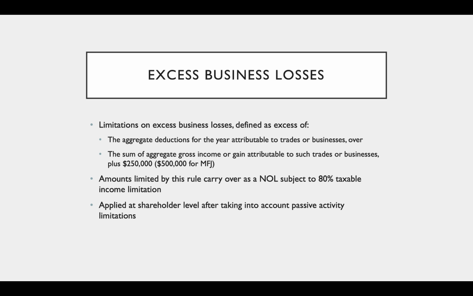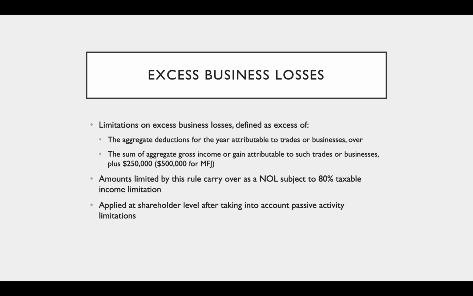And then finally, we have an excess business loss deduction prevention. It limits excess business losses from being deducted, and excess business losses are defined as the excess of the aggregate deductions for the year attributable to trades or businesses over the sum of the aggregate income or gain attributable to such trades or businesses plus $250,000 or $500,000 for a married filing jointly taxpayer.